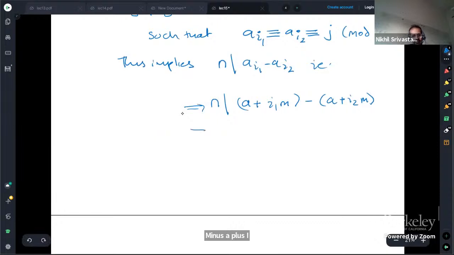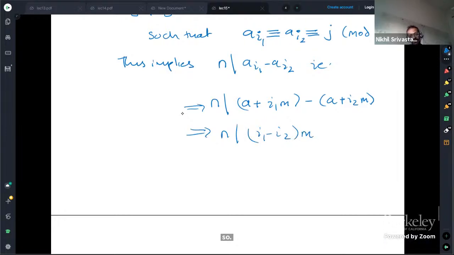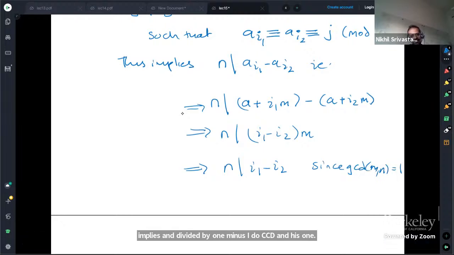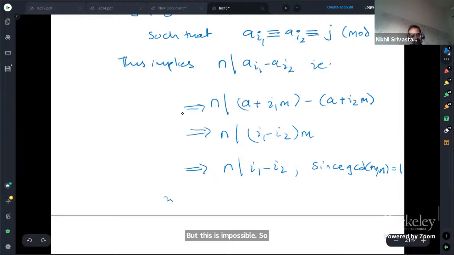Right, so which implies n divides (i1 minus i2) m. But m and n are relatively prime, which implies n divides i1 minus i2, since gcd(m, n) is 1. But this is impossible since i1 minus i2 is less than n.